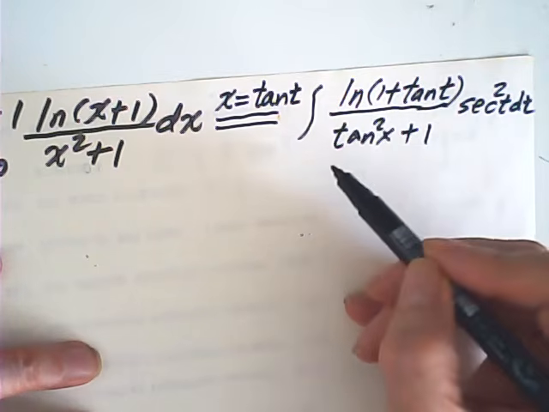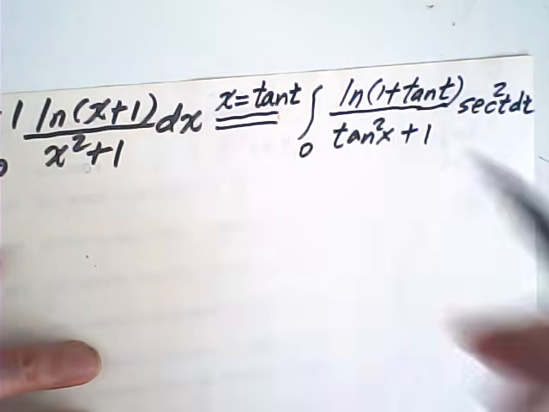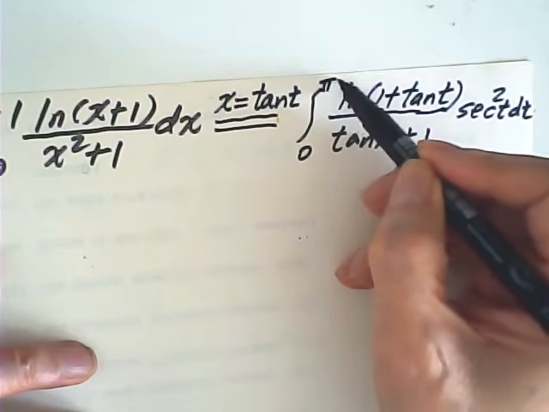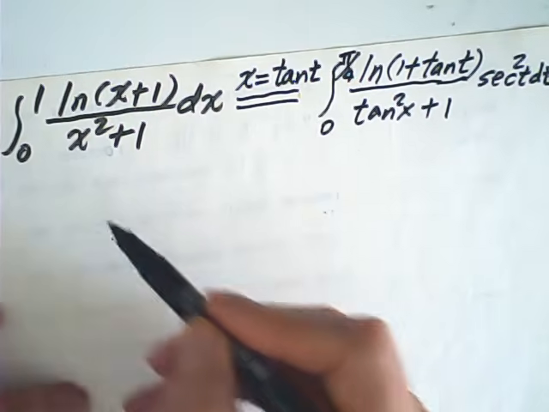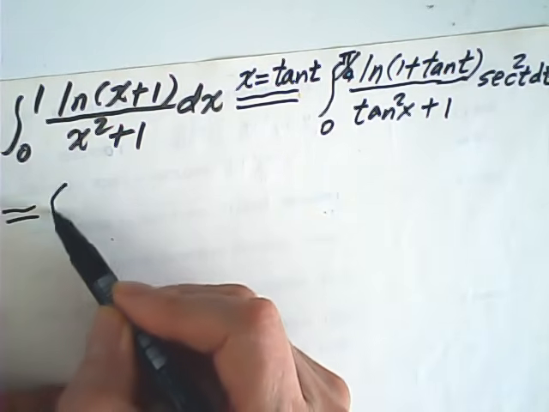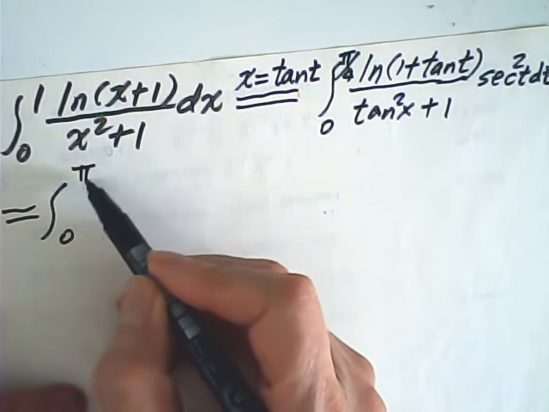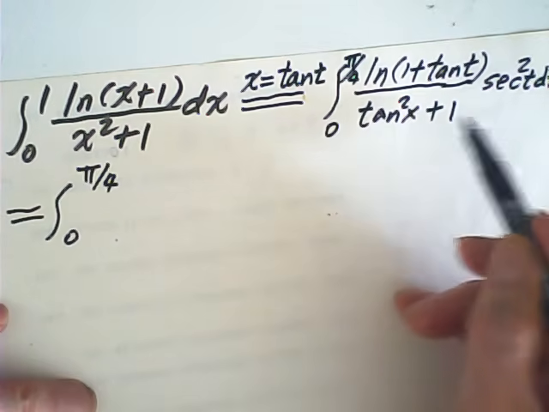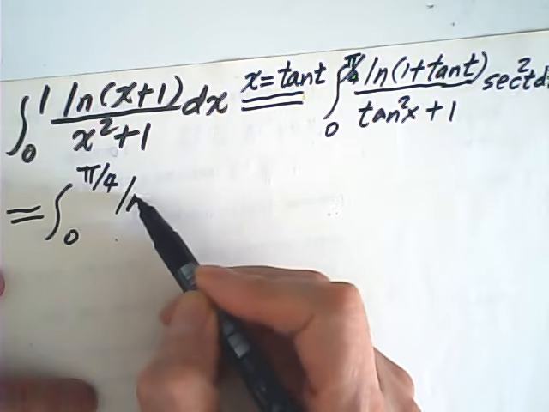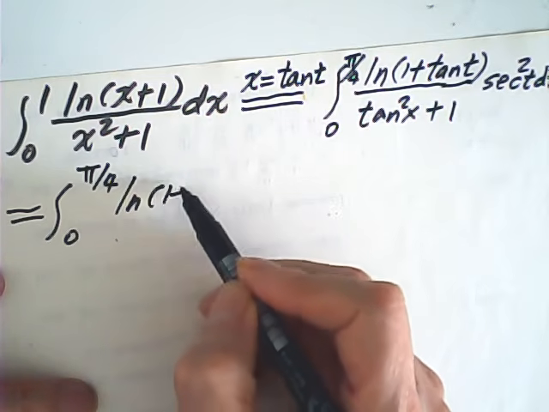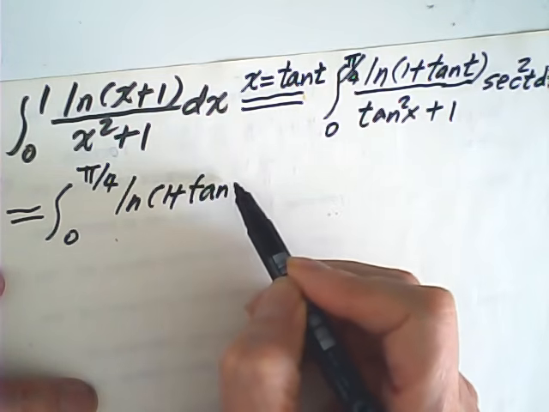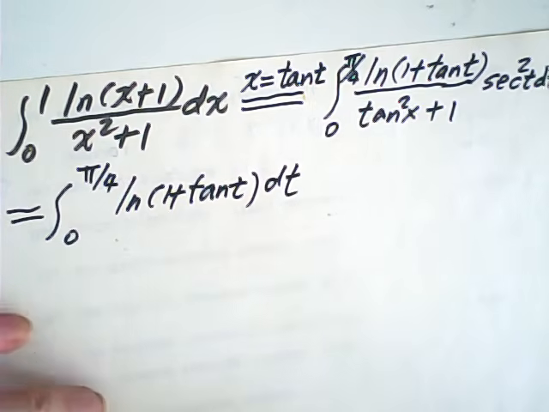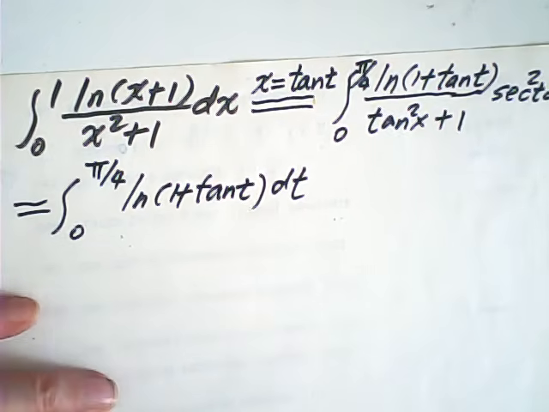When x equals 0, t is 0. When x equals 1, t is a quarter pi. So my integral becomes from 0 to quarter pi of natural log 1 plus tangent t dt, after cancelling secant square.